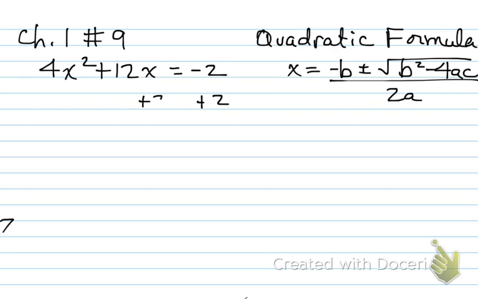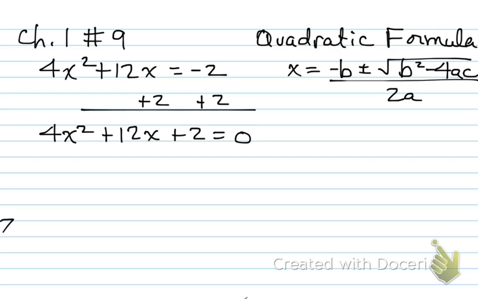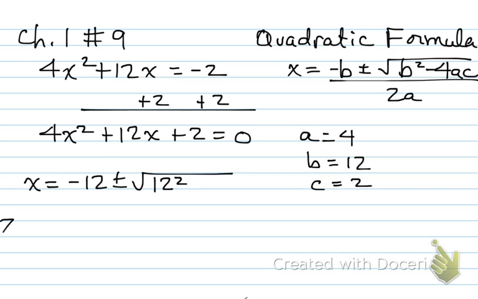Now, you have to get the equation in standard form and get it set equal to 0. So we see that algebraically done here, where we add the 2 to both sides. We could have factored out a 2, but we're going to look at it just straight up as the coefficients.